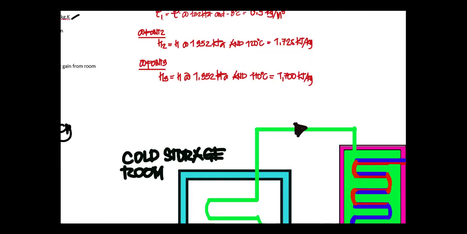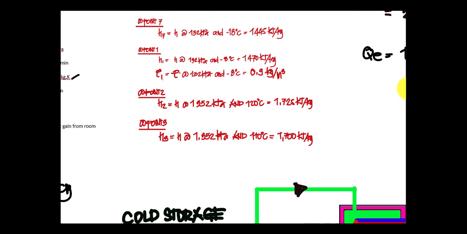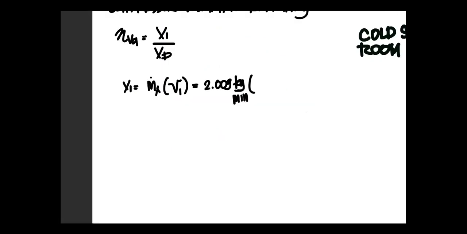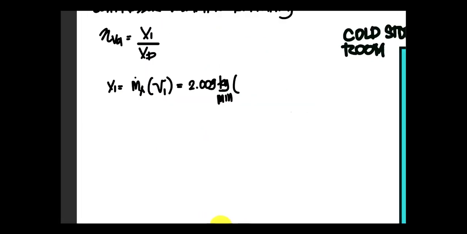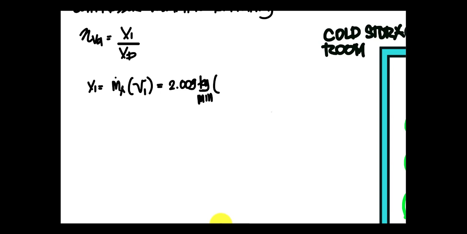The density at point 1 is 0.9 kilogram per cubic meter. The specific volume is the reciprocal of the density, so it is 1 divided by 0.9 kilogram per cubic meter.